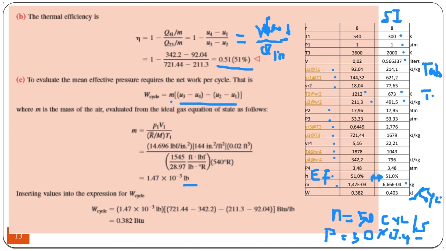And of course, this is for one cylinder. If you have 4 cylinders, it's going to be 80 kilowatts for the whole engine. Any questions?